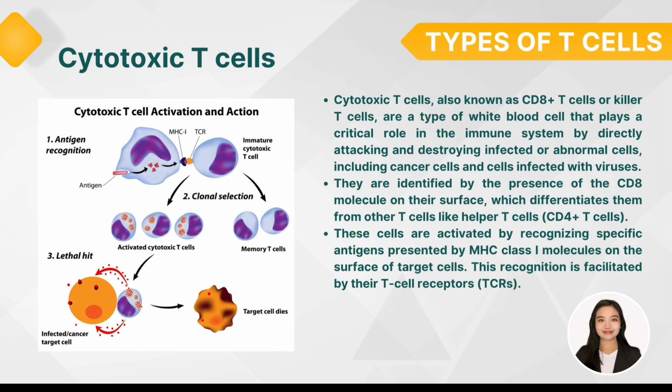They are identified by the presence of the CD8 molecule on their surface, which differentiates them from other T cells like helper T cells. These cells are activated by recognizing specific antigen presented by MHC class I molecules on the surface of target cells. This recognition is facilitated by their T cell receptors.